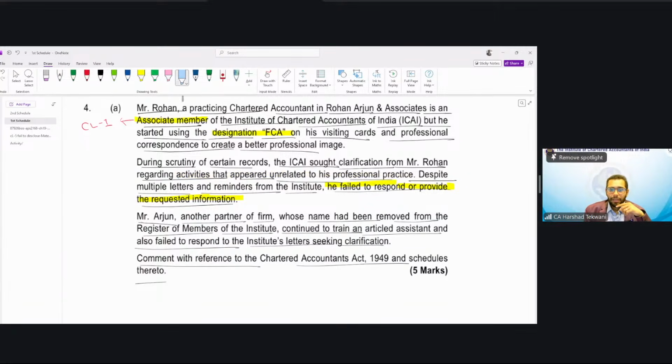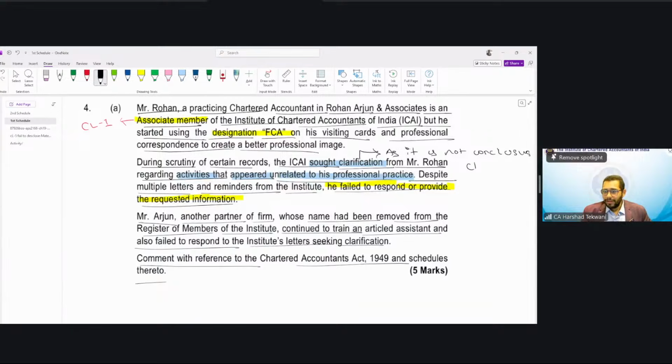But understand one thing, here the information is sought. Clarifications are sought. There is no conclusive evidence that he was performing those activities or that he is indulged in any other profession which is not related to the professional practice. So clarification is sought, but there is nothing conclusive. That's why, as it is not conclusive, I will not invoke clause 11.